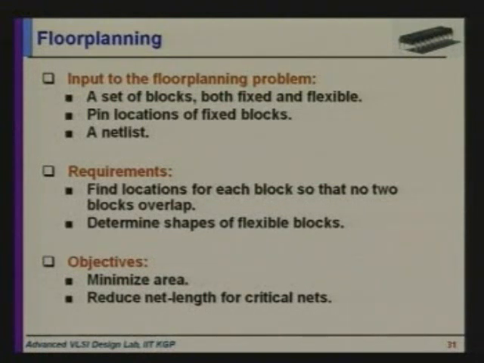Find the locations of each block so that no two blocks overlap, and determine the shapes of the flexible blocks too. The objectives are to minimize the area and reduce the net length for critical nets. What is a critical net? It is one where I have a bound on the time I can take for the interconnection. So the time for the net cannot be more than this, and the length of the net must be smaller than this, right?